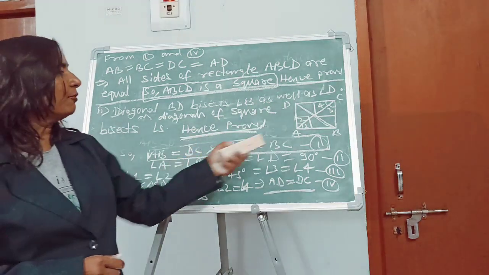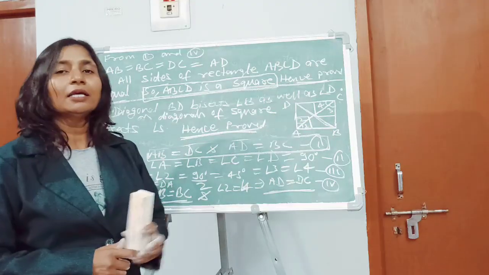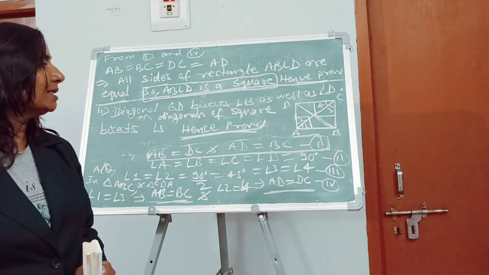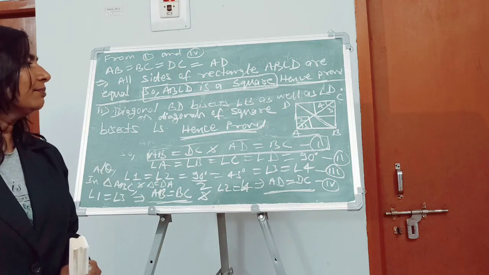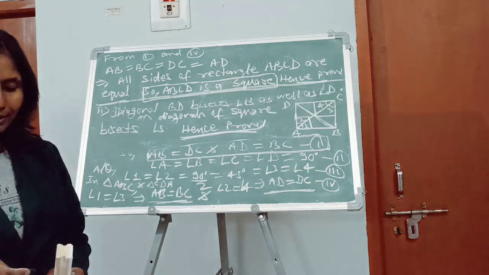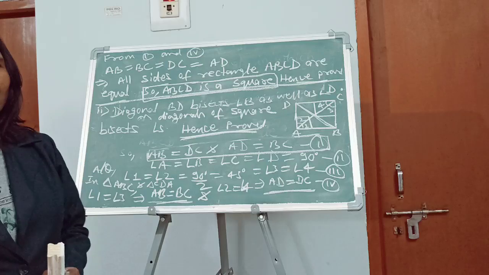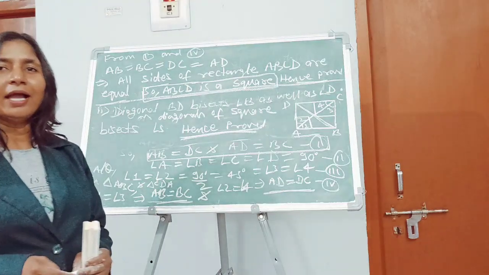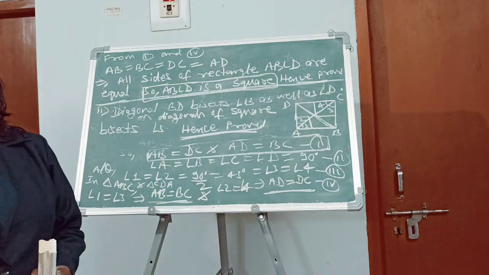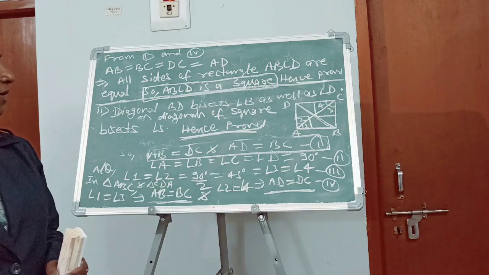And again, if you have to prove that diagonal BD bisects angle B as well as D, just use the properties of a square, because diagonals of a square bisect the angles. So pause this video and try to do it yourself, and we will try the next question.